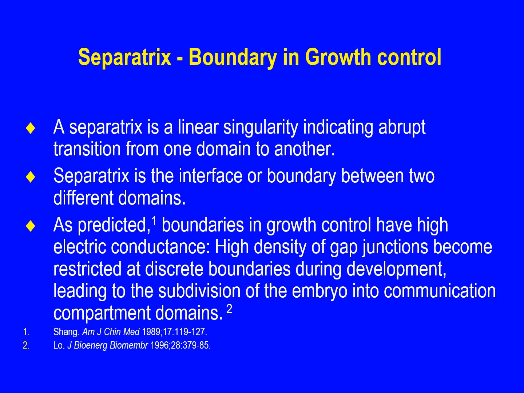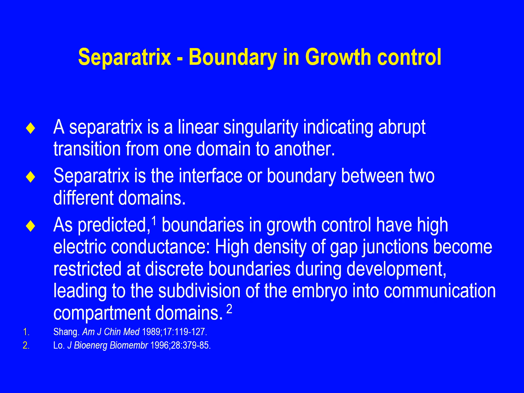As mentioned before, the singularity can be a point, but it can also be a line or a boundary. In this case, it is called a separatrix. A separatrix is a linear singularity that indicates abrupt transition from one domain to another.